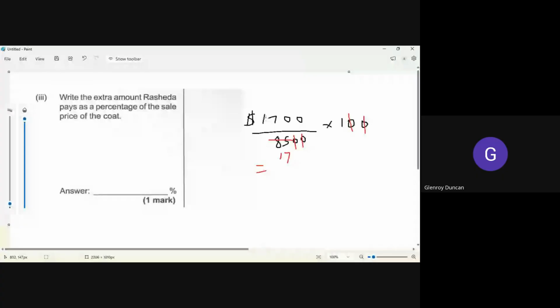So 5 into 17 is 3, 5 threes are 15, that's 2 remainder, 5 into 20 is 4, and 5 into 0 is 0.